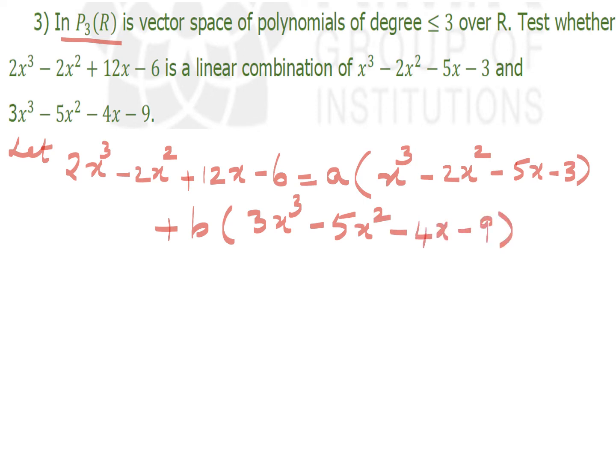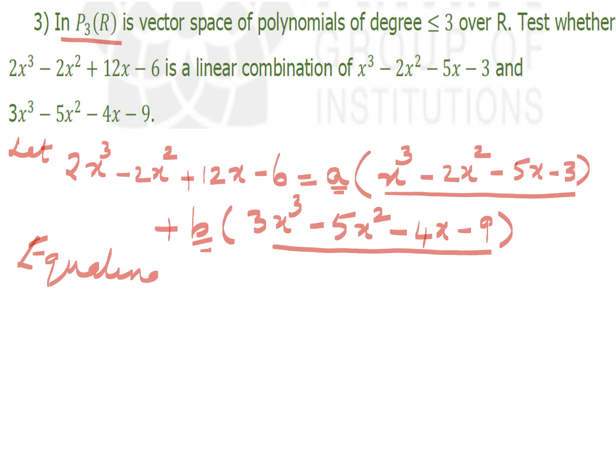Here, let us multiply all the terms of the first vector, the x cubed, x squared, x term and constant term, by a. Similarly, let us multiply all the terms of the second vector by b, and then we equate the coefficients, equating like coefficients on both sides.